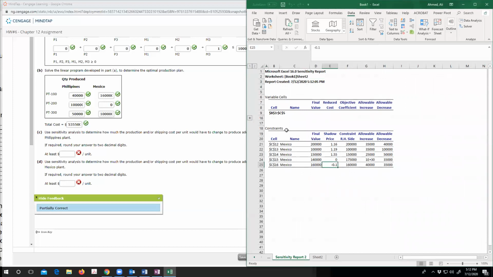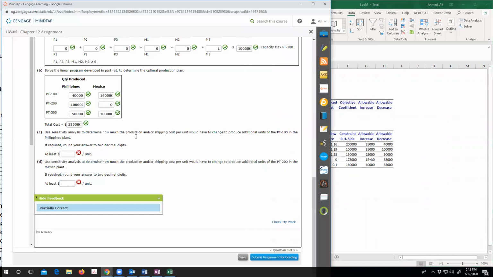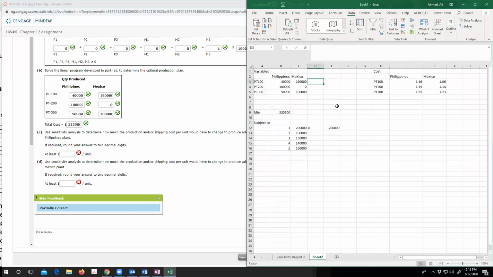I don't know. It should be showing me constraints for Mexico, and they should show me constraints and variables. So what is this B3 to C5? They're showing me all of them here. Variables are not being produced for some reason.